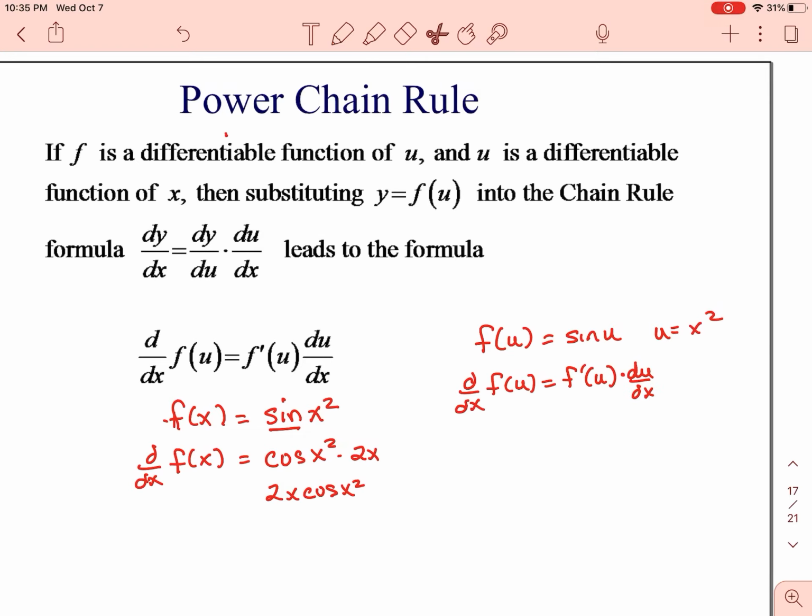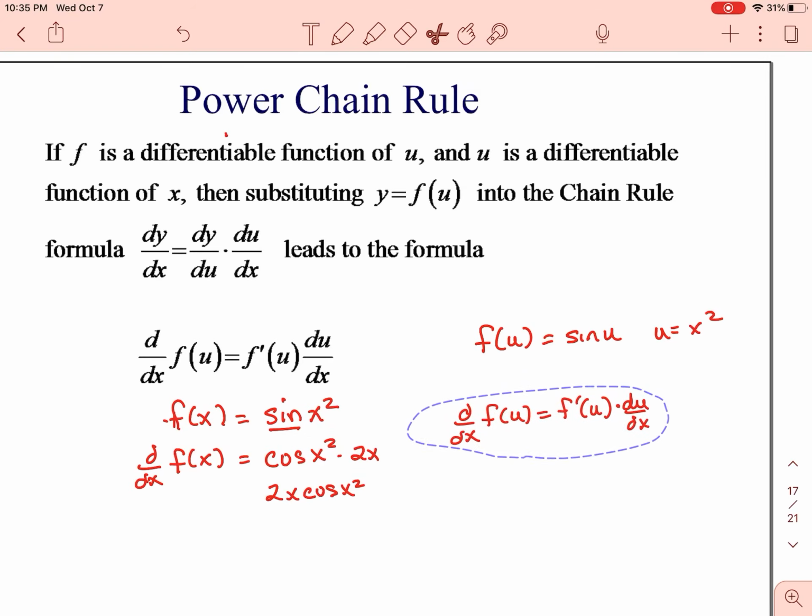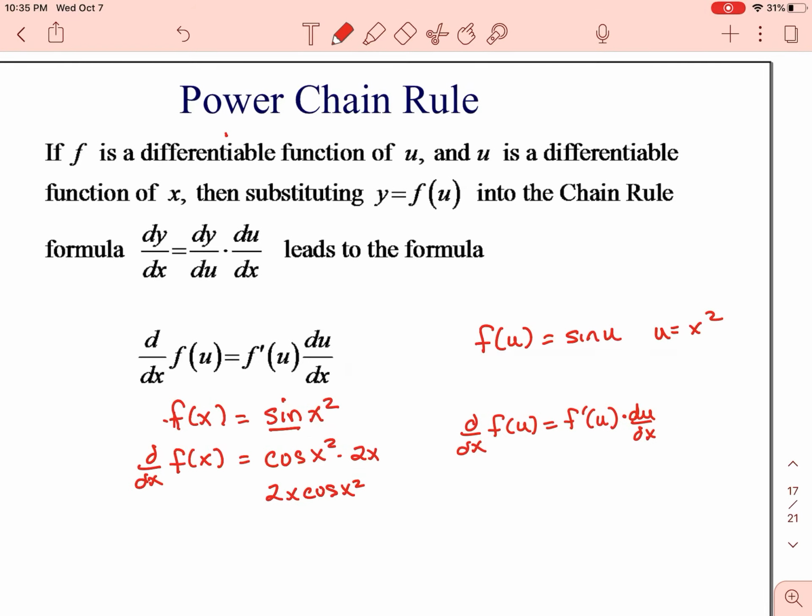Well, we know that f prime of u is simply equal to the cosine of u, because it's the derivative with respect to u. And we know that du/dx is equal to 2x.